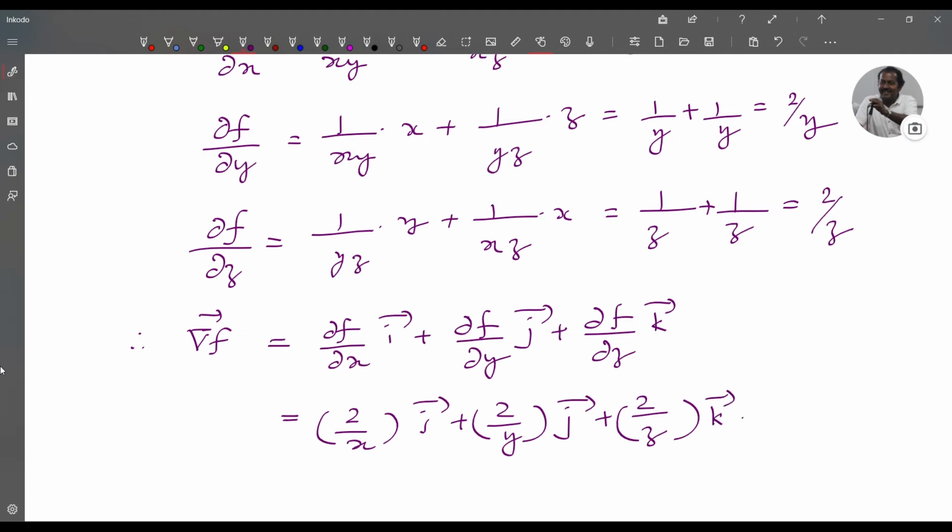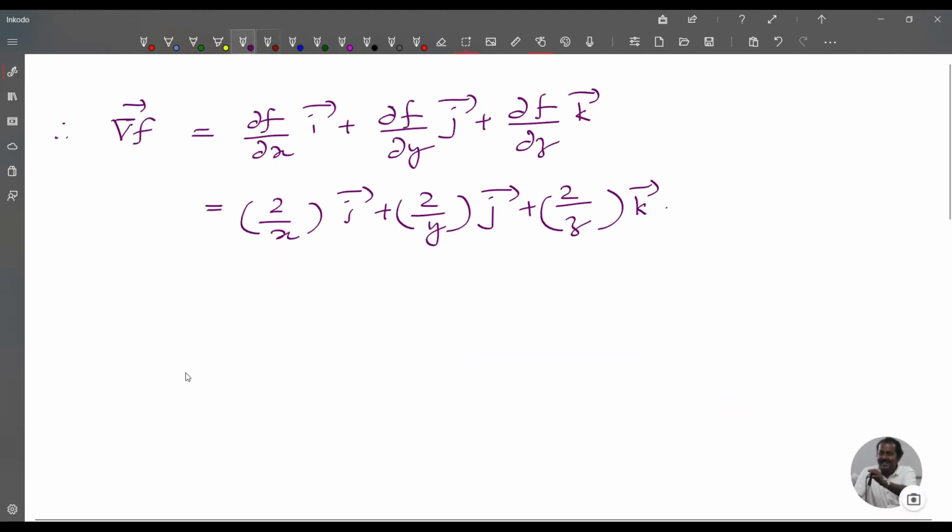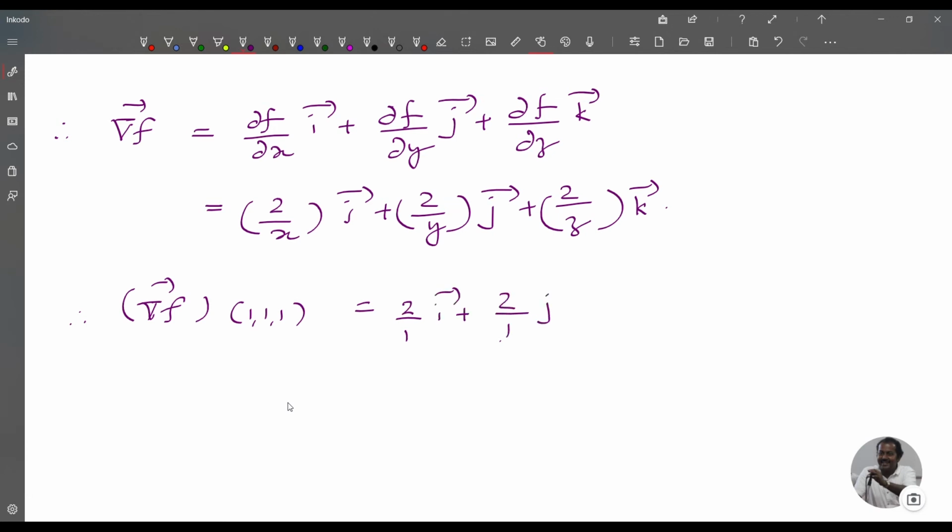Therefore, del f at 1 1 1 equal to 2 by 1 i plus 2 by 1 j plus 2 by 1 k. So this is equal to 2i plus 2j plus 2k.